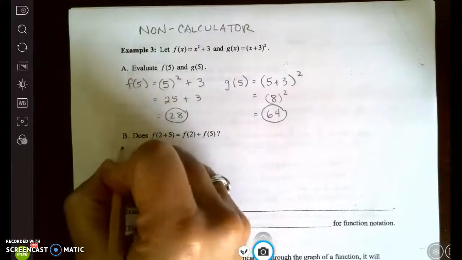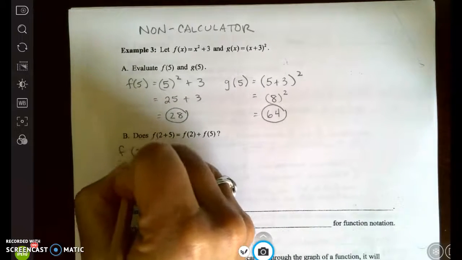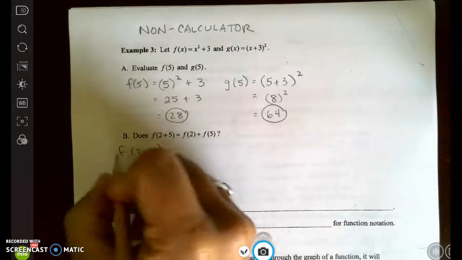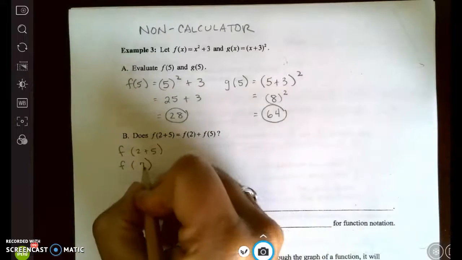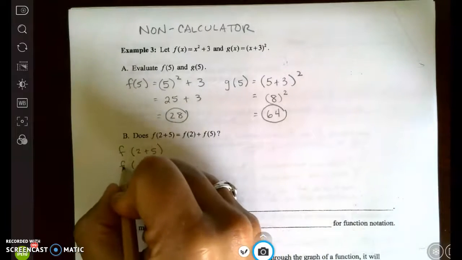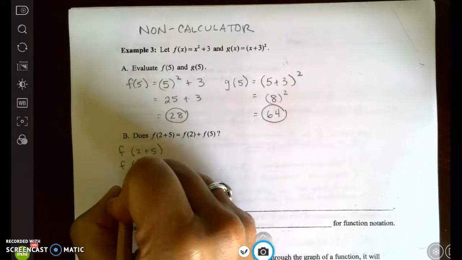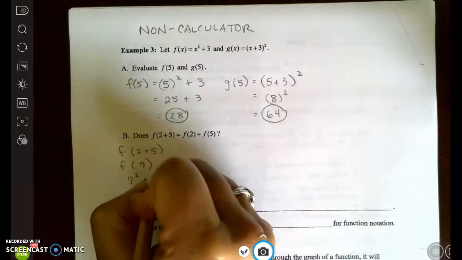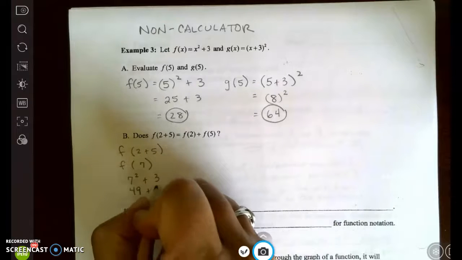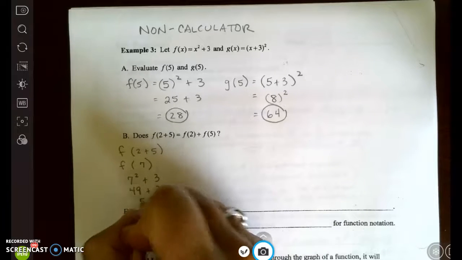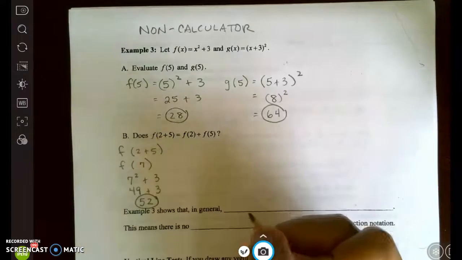We're just going to start with the left side. So f at 2 plus 5 is the same thing as f at 7, which means I'm going to put 7 into the f function. So I would have 7 squared plus 3, which gives me 49 plus 3, which is 52.